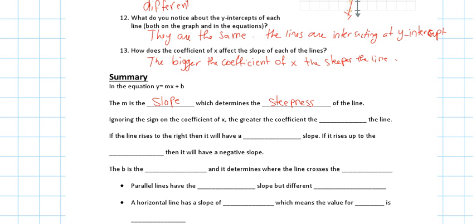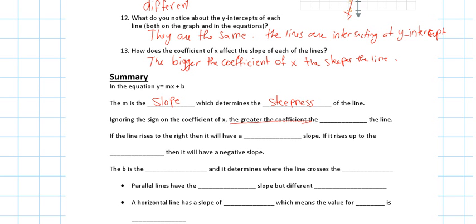Ignoring the sign on the coefficient of x. So it's positive or negative, we don't care, right? The greater the coefficient, the what? The greater the coefficient of x, the steeper the line, right?